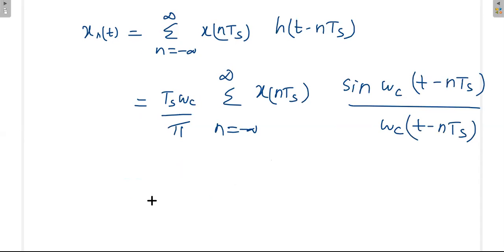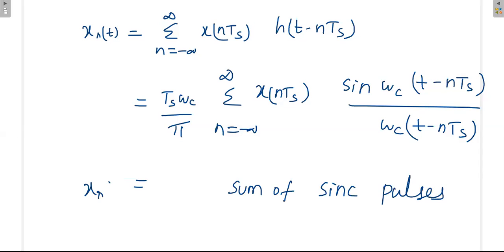If you observe properly, this is a sum of many sinc functions, because n can go from minus infinity to plus infinity. This provides sinc pulses, so finally we get a sum of sinc pulses in the time domain.